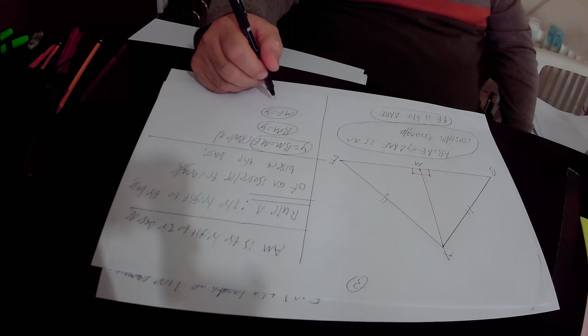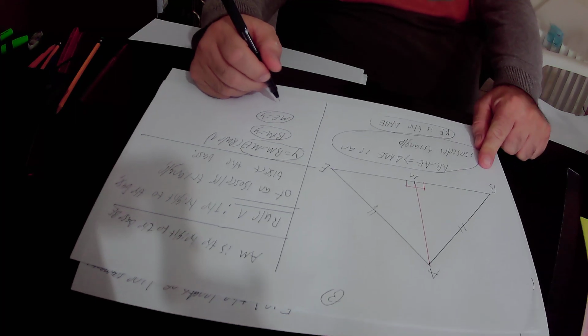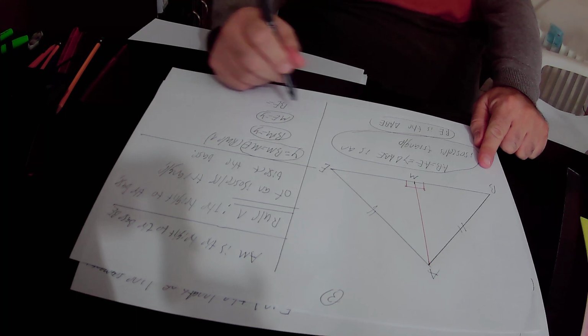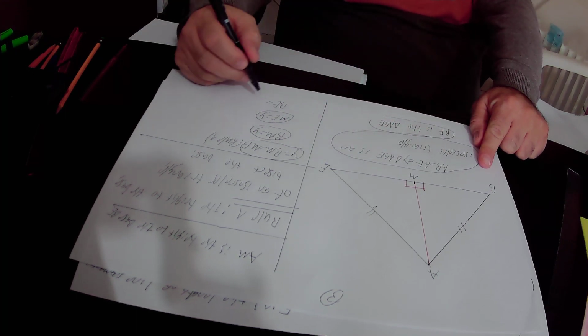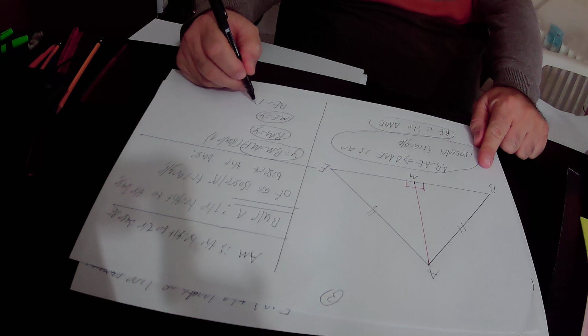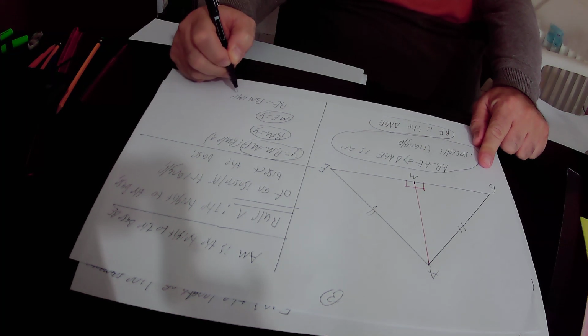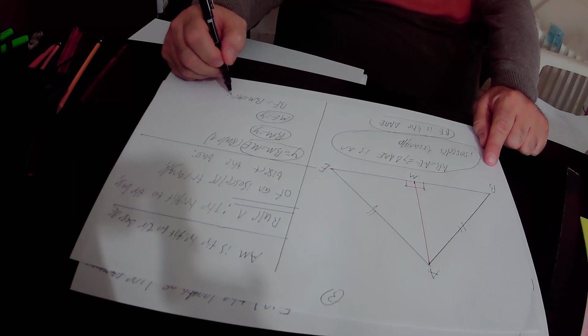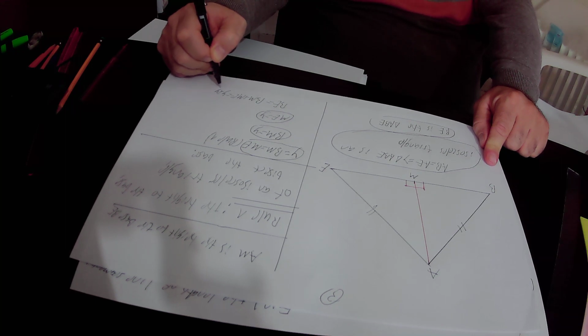So what is the value of side BE of the isosceles triangle ABE? You can see from the drawing that BE equals BM plus ME from one side, but BM equals Y and ME equals Y also.